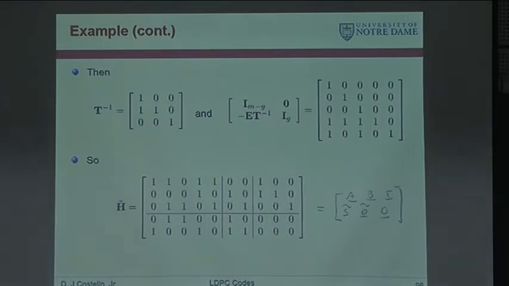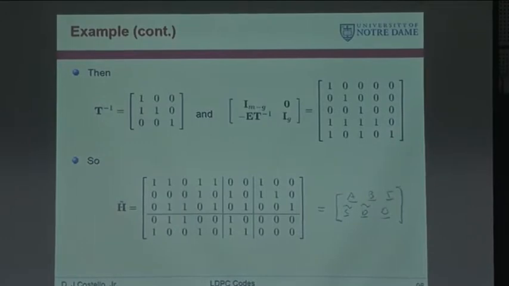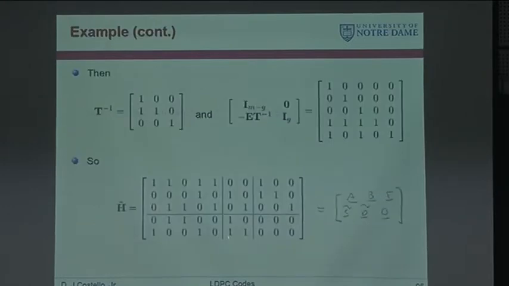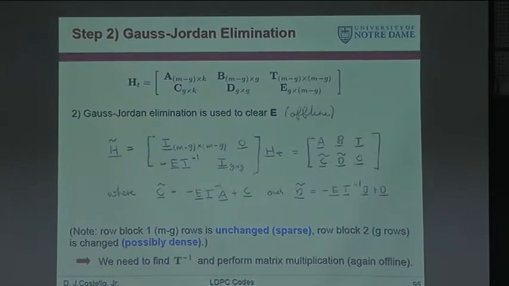And when we multiply E T inverse by B and add it to the lower part, we wind up getting this. Again, you don't have to worry about the minus sign. I would rather we hadn't put them in the slides because it's modulo 2. So it's just E T inverse, and you're doing all the operations modulo 2. So this is just an example of what these two matrices are.